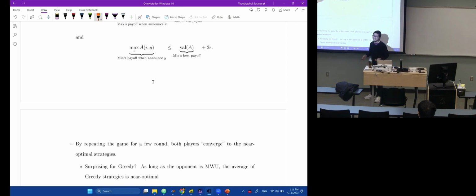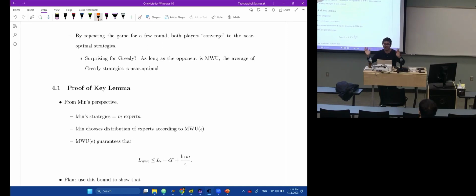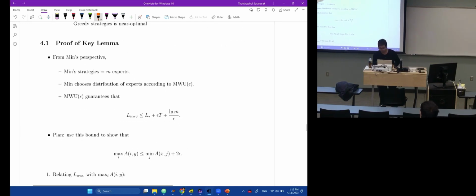It doesn't look like a clever weight update, but we know that as long as its opponent is a weight update, if we just be greedy, then your average strategy at the end will be near optimal. If both players are being greedy, I don't think this will converge to anything nice. Anyway, let's prove this lemma quickly.